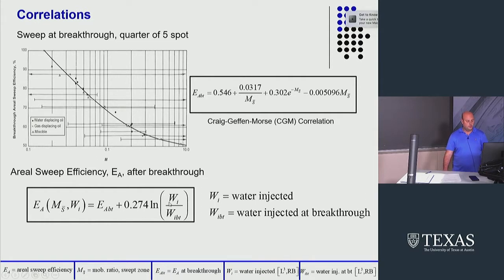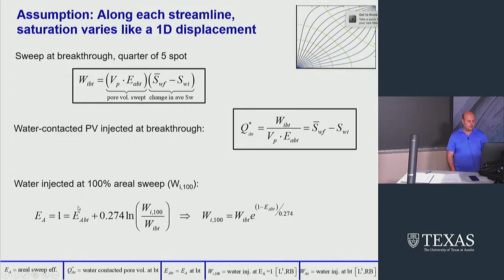So Wi100 is the amount of water injected when EA is equal to 100% or 1. So EA is equal to 1, which is EABT plus 0.274 ln of Wi100 divided by WiBT. We already know EABT and WiBT, so we can just do some algebra and solve for Wi at 100. Remember, this is the amount of water injected in barrels once we get to 100% sweep efficiency.